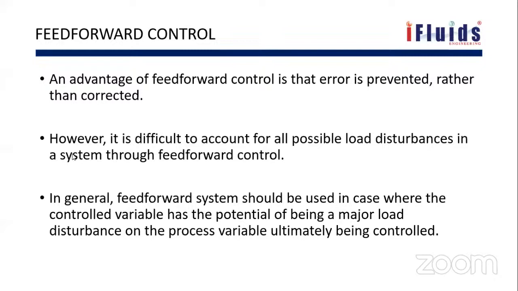So only where we see a flow or pressure or temperature variable which has a major load disturbance, connected from a different process where disturbances are predominant, only that can be controlled. So not all the inlets.